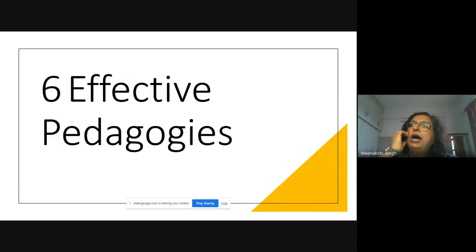But yes, our minds have been trained in such a way that we need categorization to understand things. So these are the broad categories, but by no means do I mean to say that these are just the six pedagogies for STEM, or that if I can think of something innovative, that will not be considered a STEM pedagogy.